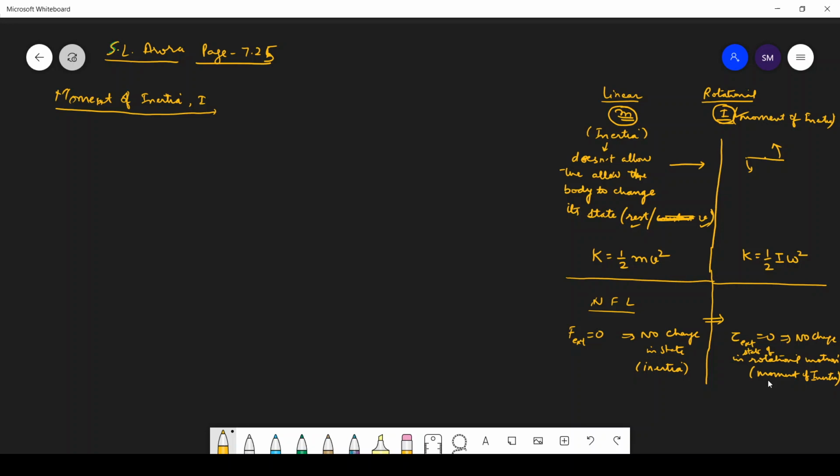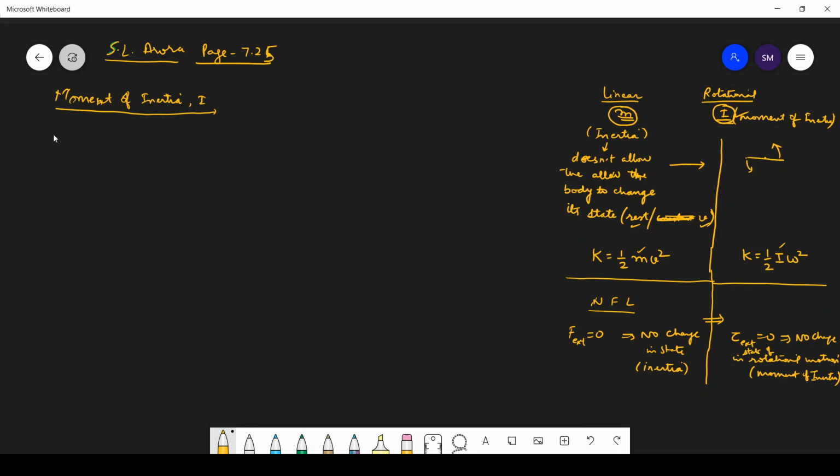This property of the body, by virtue of which it opposes the torque tending to change its state of rest or of uniform motion about an axis, is called rotational inertia or moment of inertia. Now how do we calculate this? We know the value of mass already, 7 kg, 3 kg, 1 kg given to us. How do we calculate I?